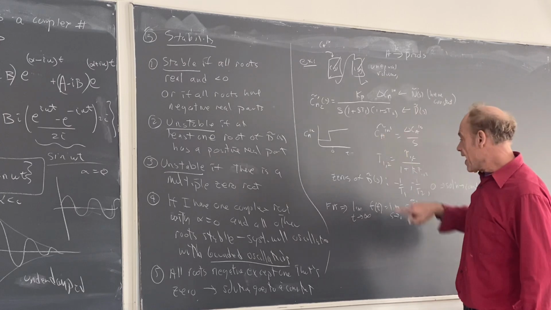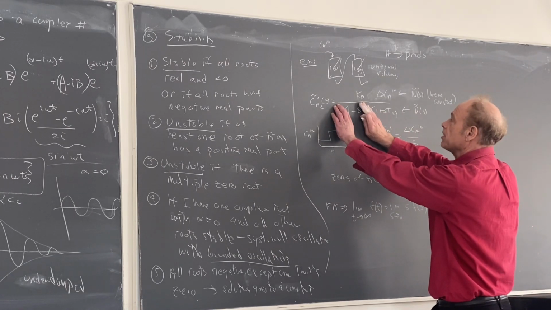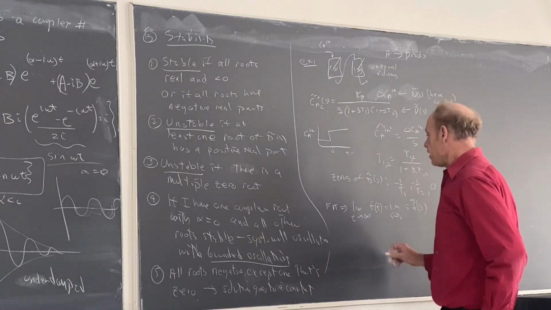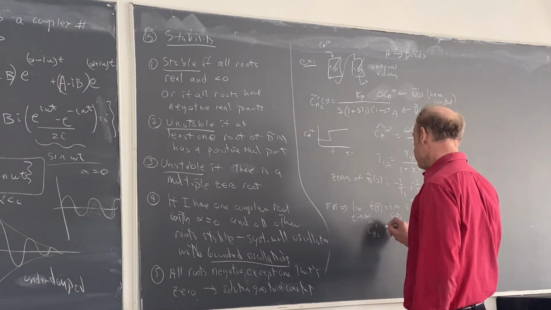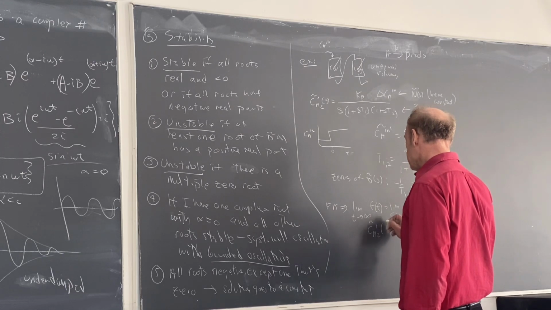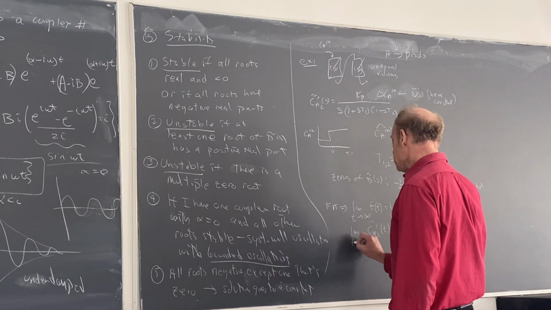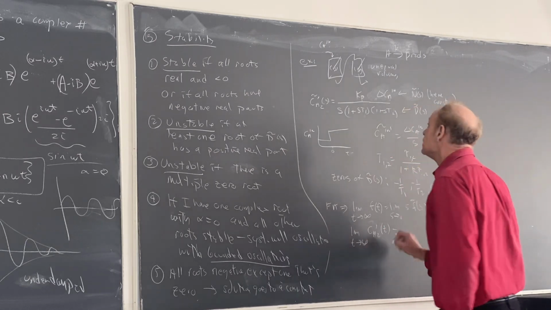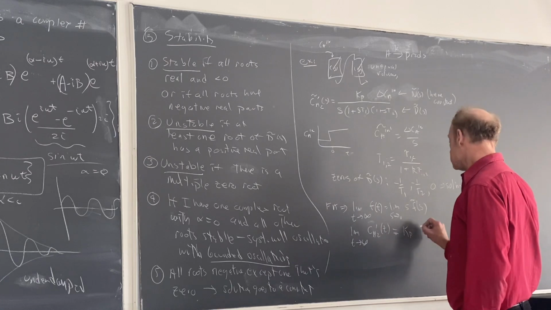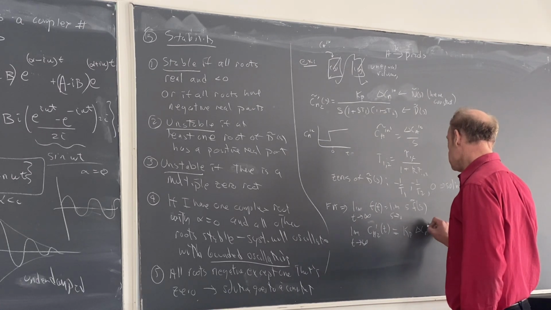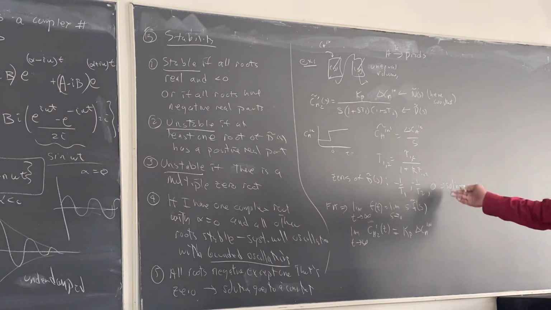I multiply by s, I take the limit as s goes to 0. That becomes a 1, that becomes a 1. And therefore, the limit as t goes to infinity of CA2 prime of t is equal to just Kp times delta CA. Yes, it goes to a constant.